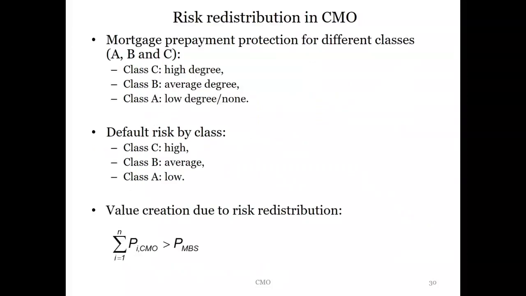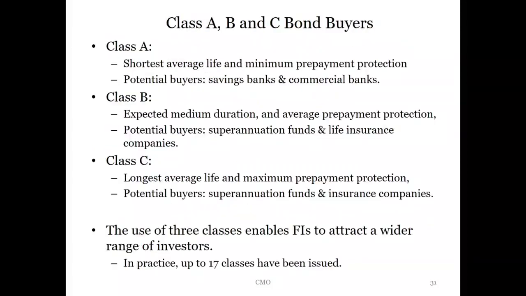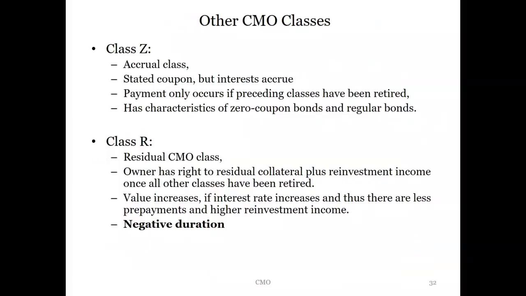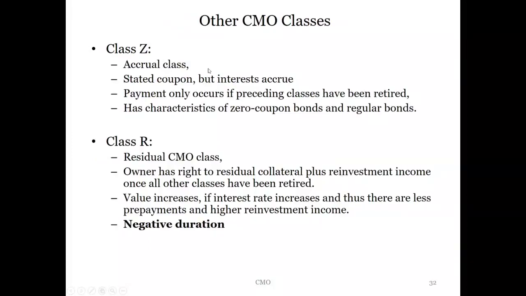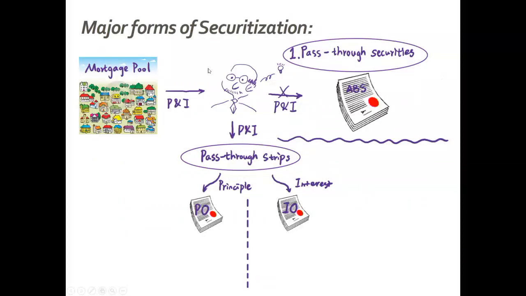All right, so we've talked about the features of these classes. We've also talked, in practice, up to 17 classes have been issued. And now let's talk about another special type of security called pass-through strips. So this time, Smart Guy says, let's separate principal payment from interest payment.